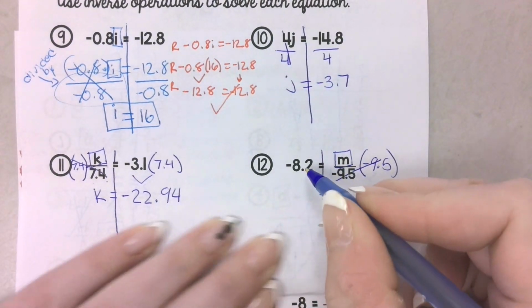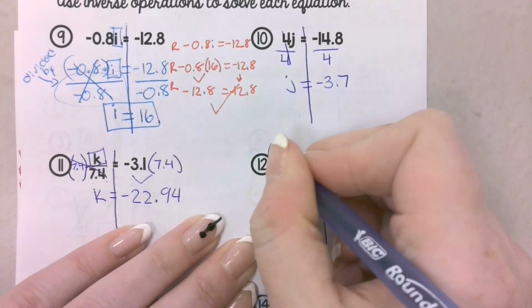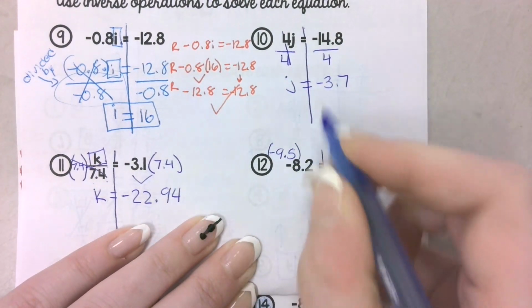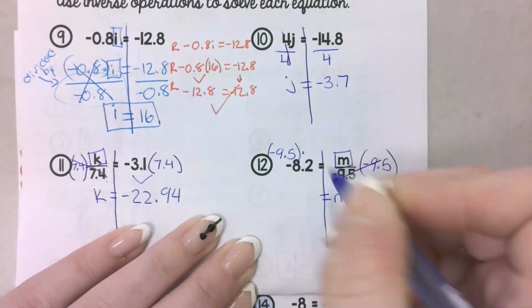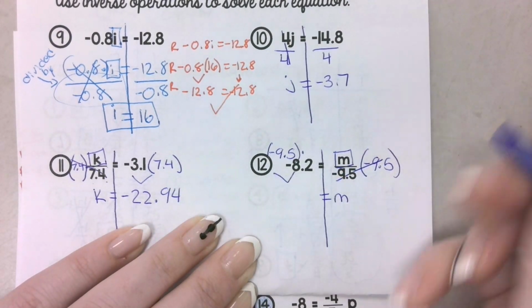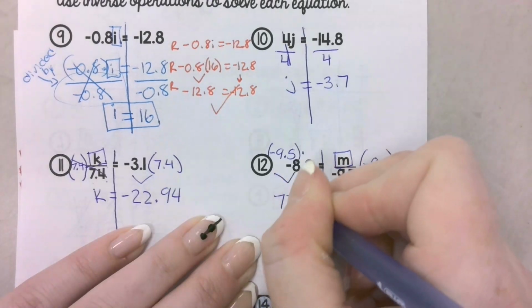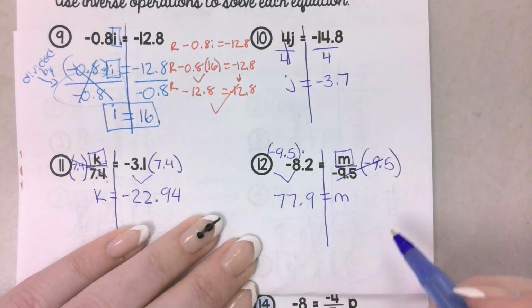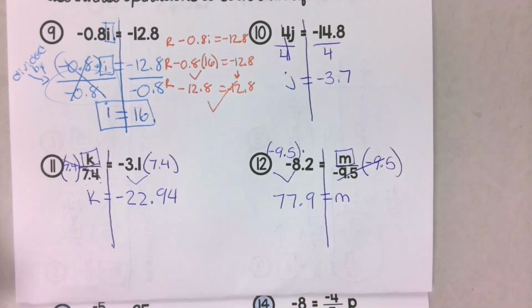Whatever you do to one side, you do to the other. Negative 9.5. So you're doing negative 9.5 times negative 8.2. When you put that into your calculator, you should get a positive 77.9. Again, you can rewrite, replace, or calculate to ensure you're correct.